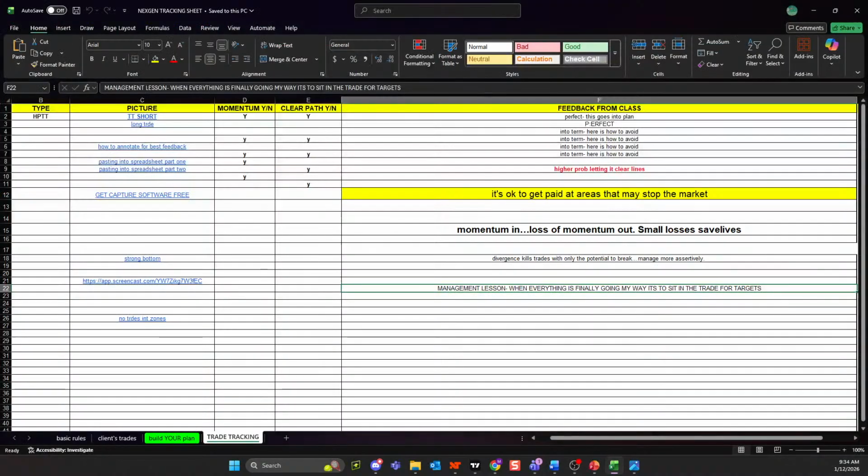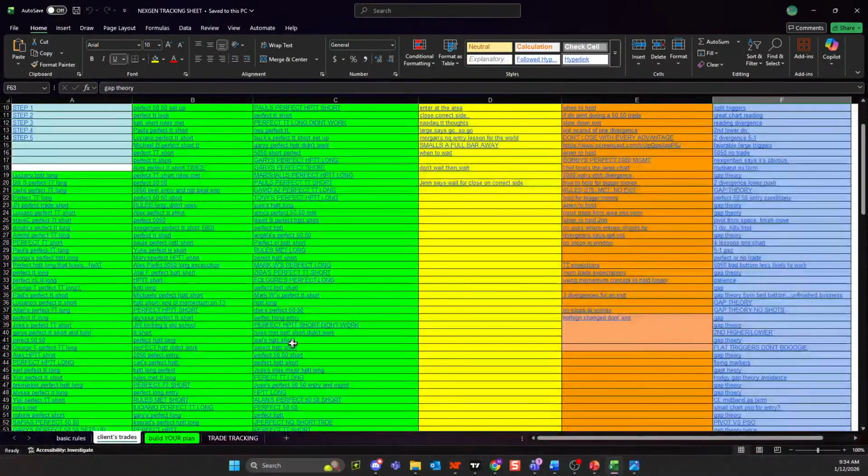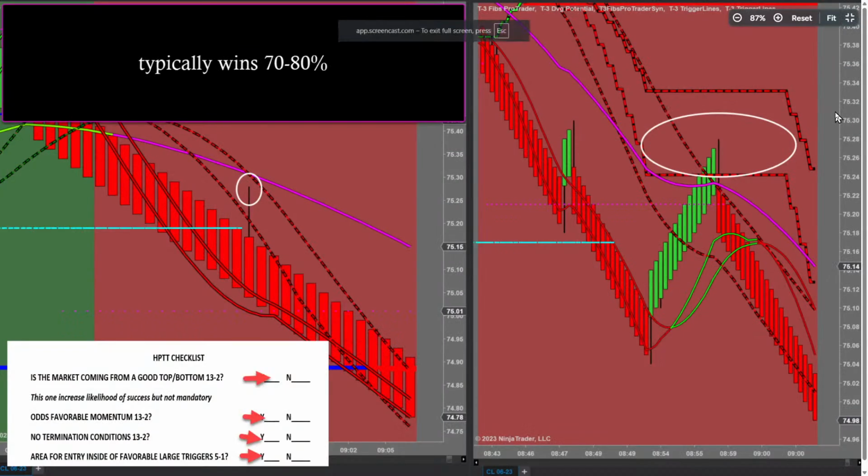And guys, if you go through that spreadsheet that I gave you, go through these client trades, you can click on links and say things like, oh my gosh, there's all that momentum with the potential to break, and it pulled right back to an area inside of triggers. The same checklist that Mark gave me this morning is the same checklist from, when was this? 2023. Pretty cool, right?